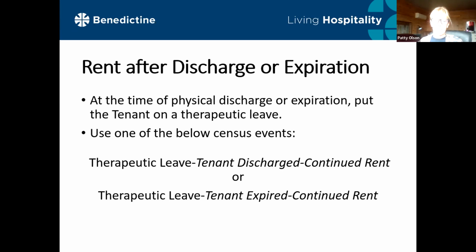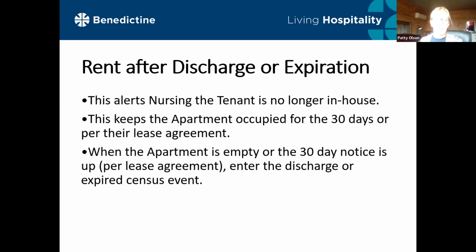Or is it a therapeutic leave, the tenant expired, continued rent? This alerts nursing the tenant is no longer in-house, but this keeps the apartment occupied for the 30 days or per the lease agreement. When the apartment is empty or the 30-day discharge is up, per the lease agreement again, enter the actual discharged or expired census line.